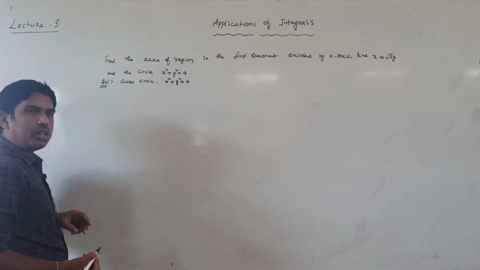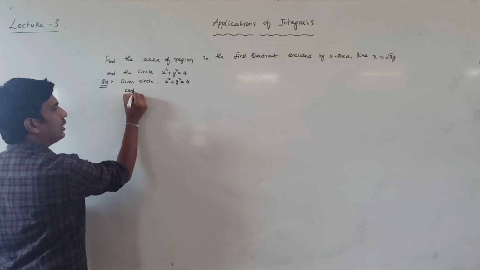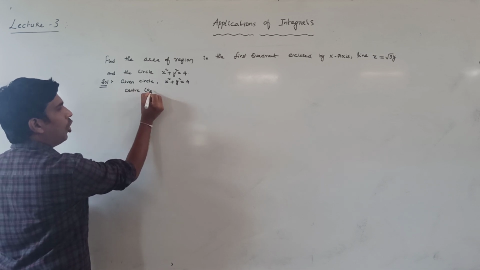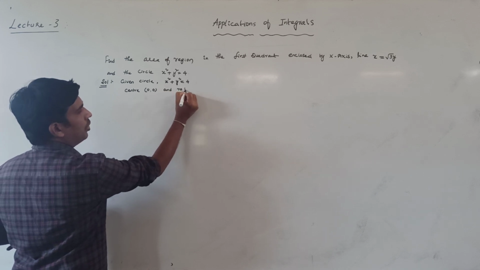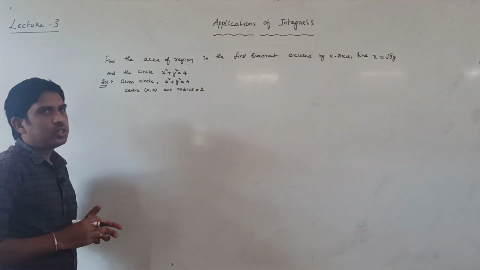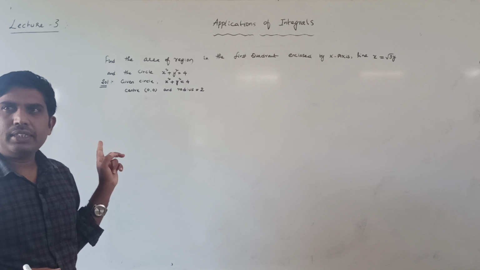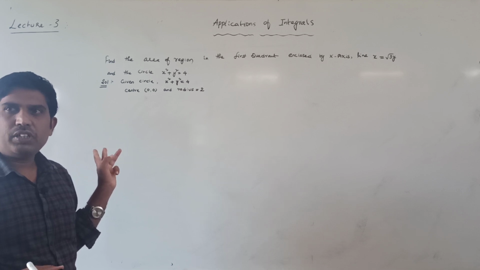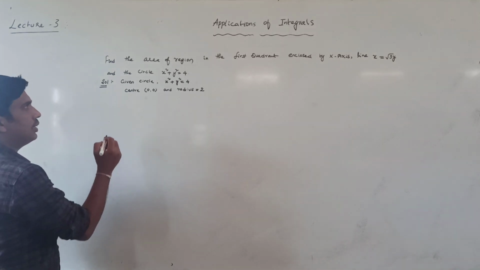So it represents a circle with a center at origin and radius is 2 units. So x square plus y square is equals to 4 represents circle equation with the center at origin and radius is 2 units.